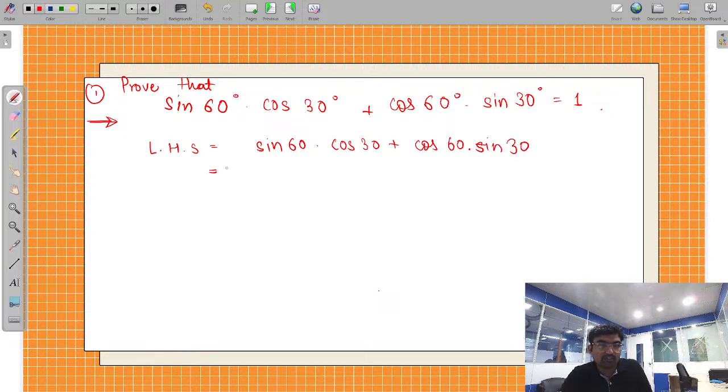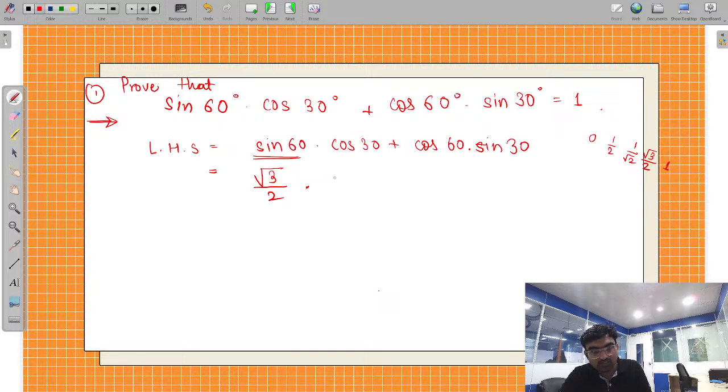Okay, now what is the value of sine 60? It's okay, try to remember. See, first row, anyways you can do it very fast. 1 by 2, then 1 by root 2, then root 3 by 2, correct? And in the last 1. So sine 60 is going to be root 3 by 2.